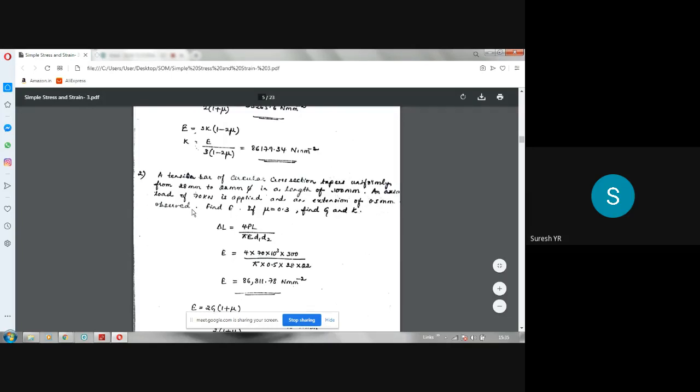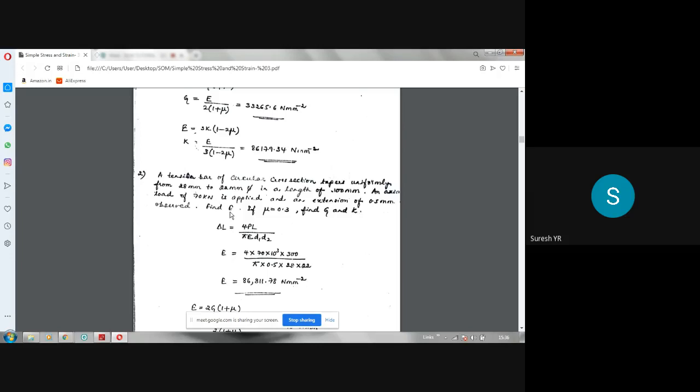An axial load of 70 kilonewton is applied and an extension of 0.5 mm is observed. Find Young's modulus E value. If mu, Poisson's ratio, is 0.3, find G and K, the rigidity modulus and bulk modulus. So here mu is given. We have to find out the other three using this data.